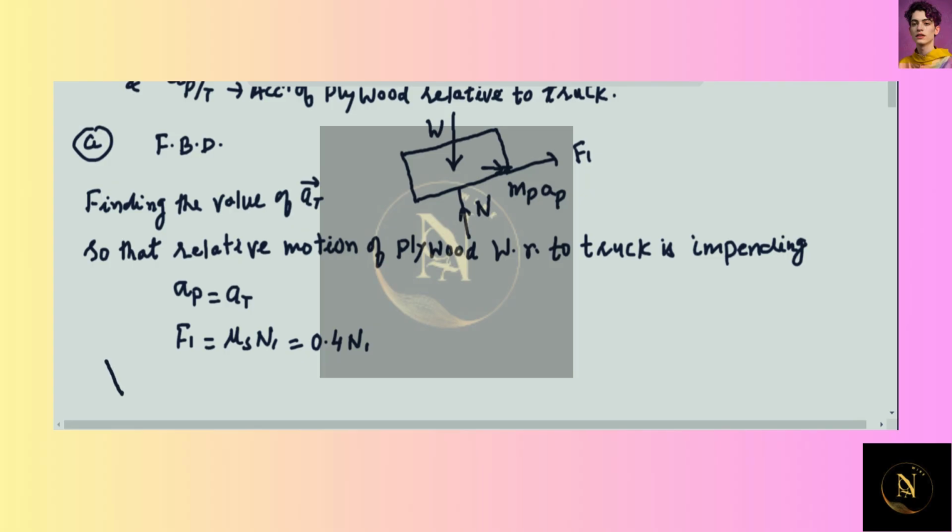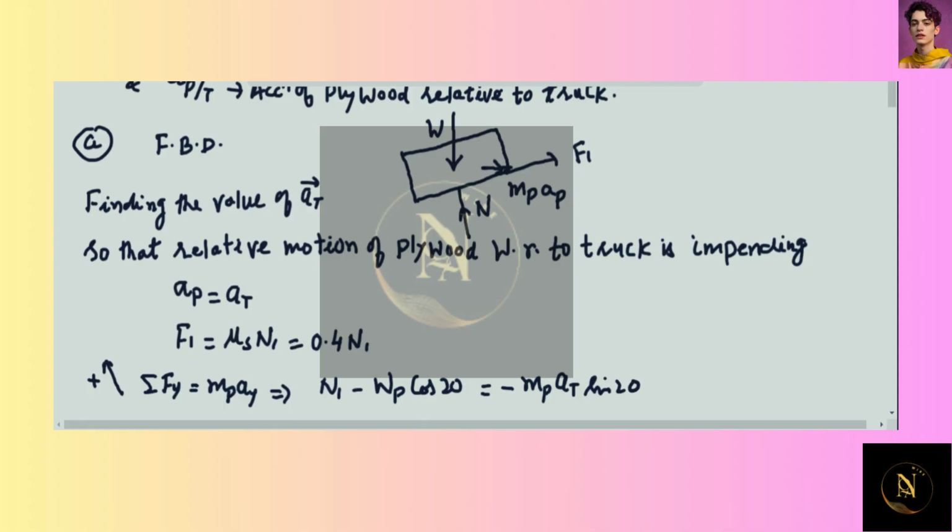Taking summation of forces along the y-axis, positive, summation of Fy will be equal to mp into ay. So we can write N1 minus weight of ply cos 20 is equal to minus mass of ply, acceleration of truck, sine 20.